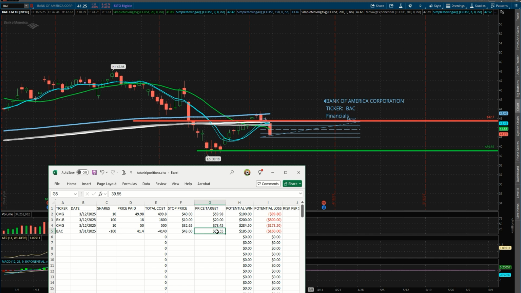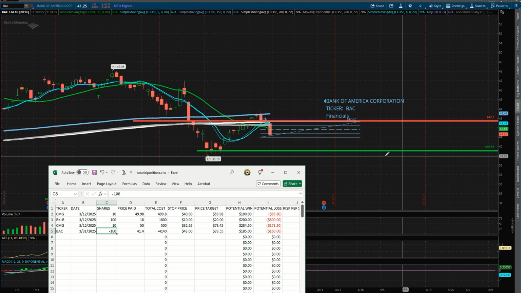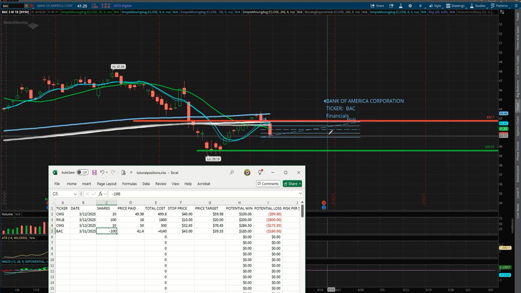Now, a better way to do this probably would be to buy it in tranches. Instead of buying the whole 100 up front, you can break it up into quarters, or if you want to, break it up in halves.